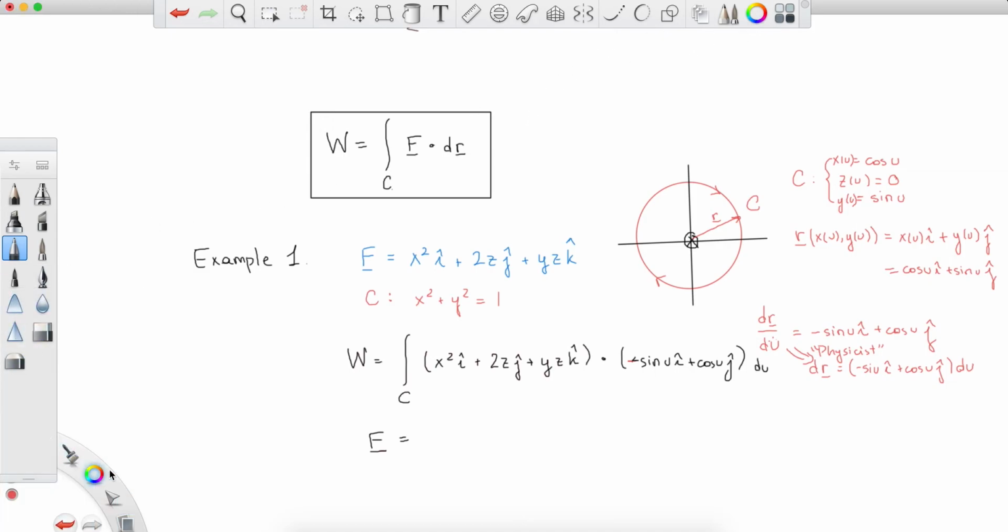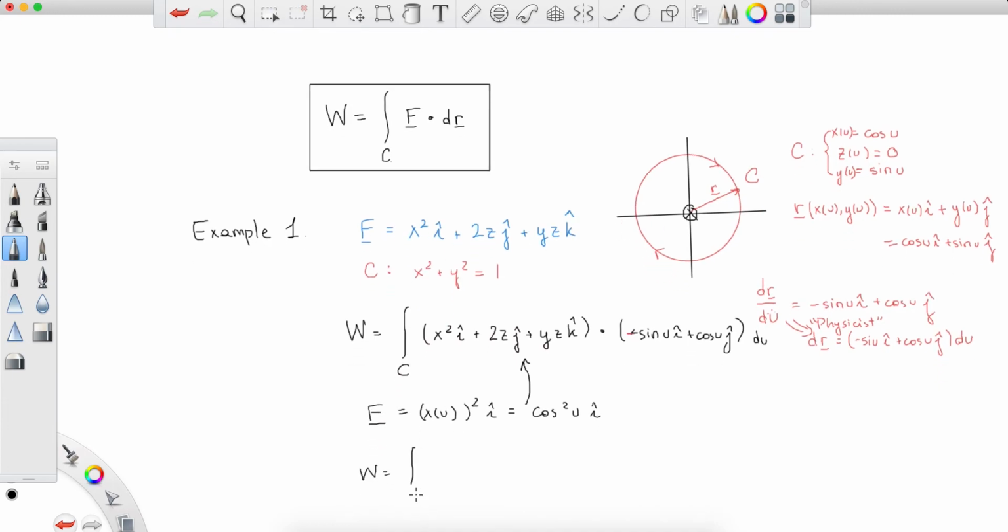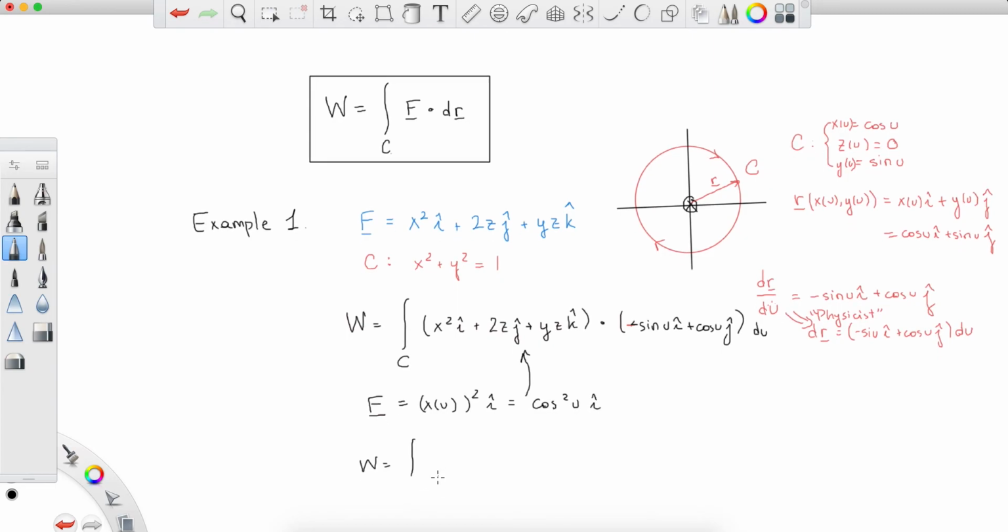And what is that i component? Well, it's just going to be x of u squared i. X of u squared is cosine squared of u i. Okay, so we can plug this into our expression, and we get that the work is equal to the line integral, not the line integral anymore, because we've parameterized everything.